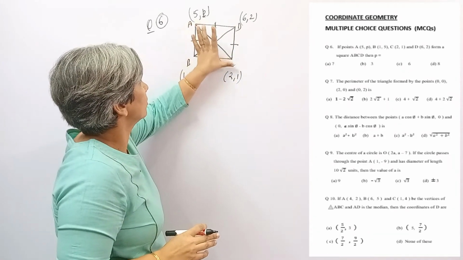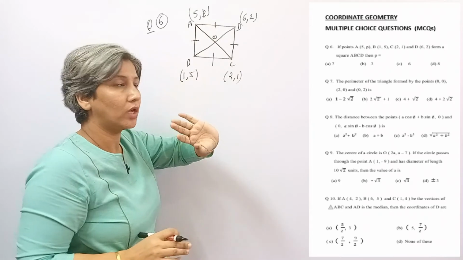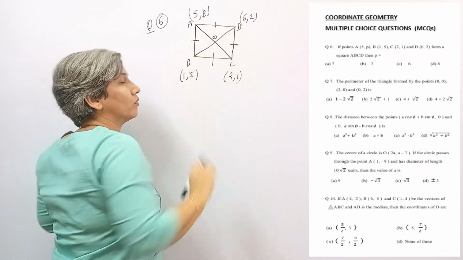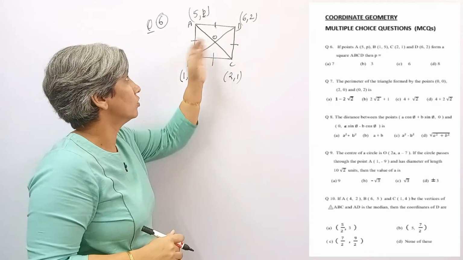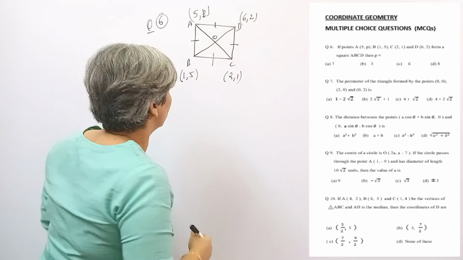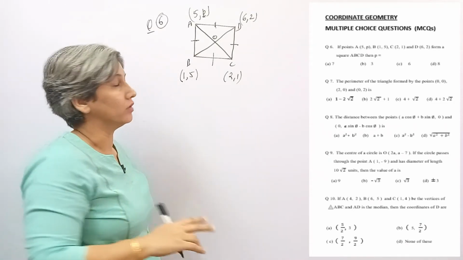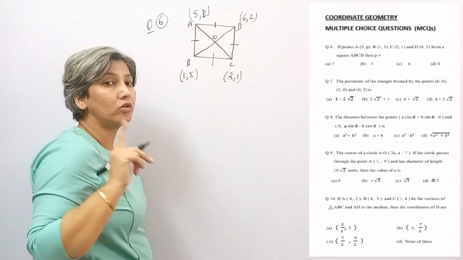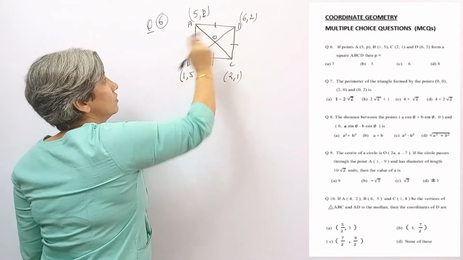Midpoint formula A और C पे लगा के आप coordinates निकाल लीजिए O के. फिर दोबारा B और D पे formula लगा के आप O के midpoints निकाल लीजिए. So since O is the same, आप दोनों को equate कर देंगे. कर लेते हैं, मैं बता देती हूँ. I'm just telling you there are two ways. Either you can use distance formula, AB और AD को equal कर दो, or you use midpoint formula for this.